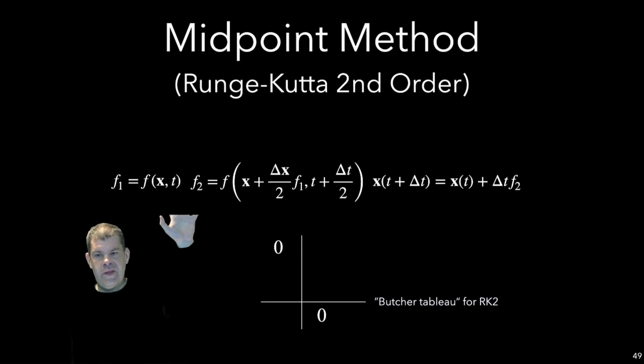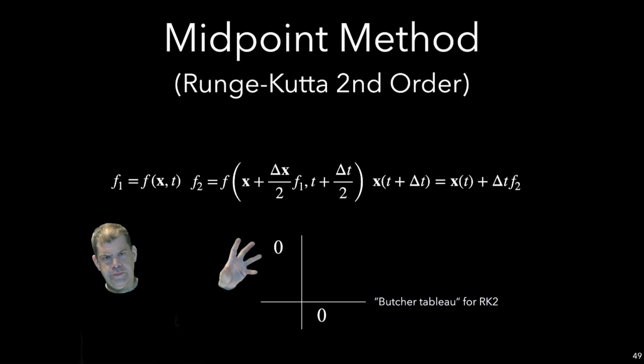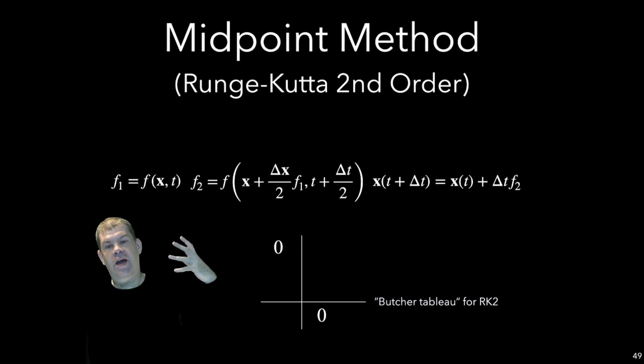Okay, so let's just relate this to something that you've potentially heard before in your numerics class, the so-called Butcher tableaus. Butcher tableaus are named after John Butcher, and he created a way to graphically visualize or describe these Runge-Kutta methods.